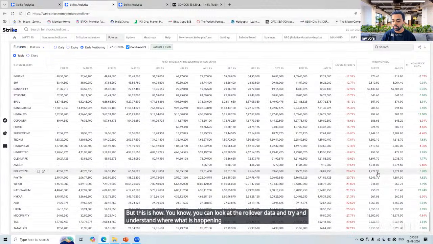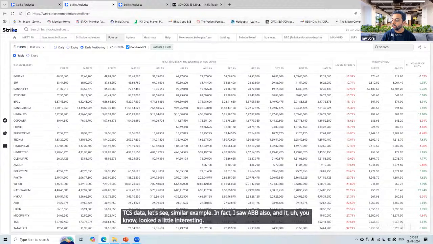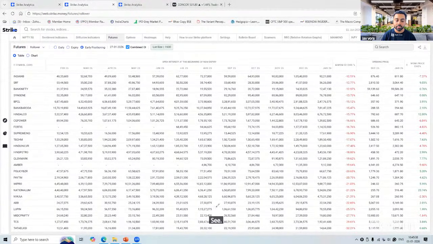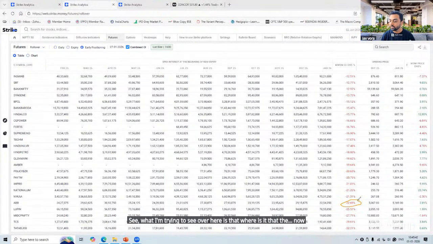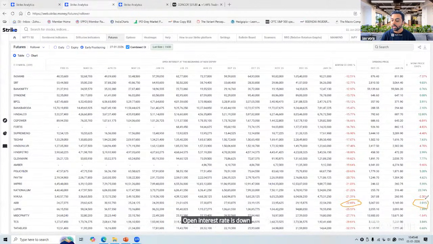Because now you see over here TCS, Tata Elxsi, similar examples. In fact, I saw ABB also, and it looked a little interesting. What I'm trying to catch over here is where the short coverings are actually happening. Open interest is down, and you see that prices have risen higher.